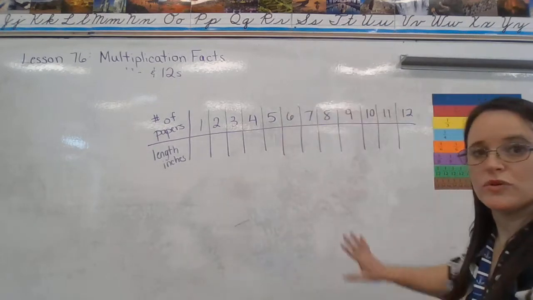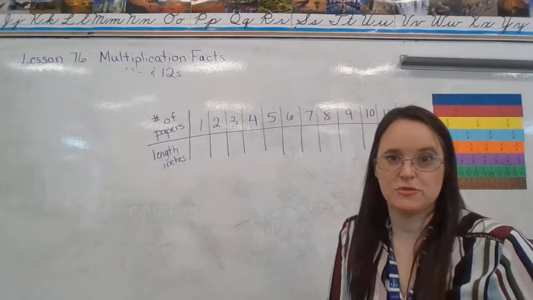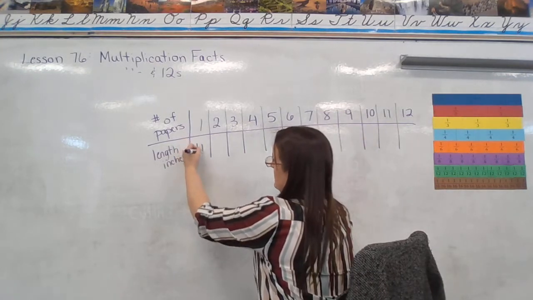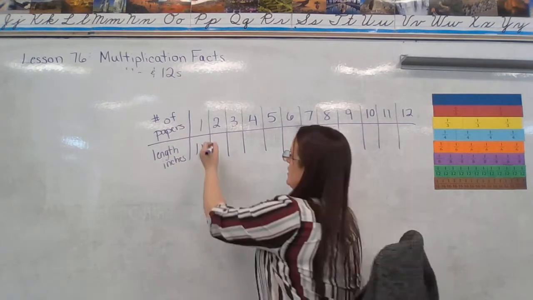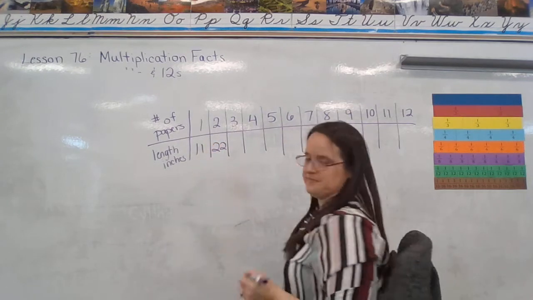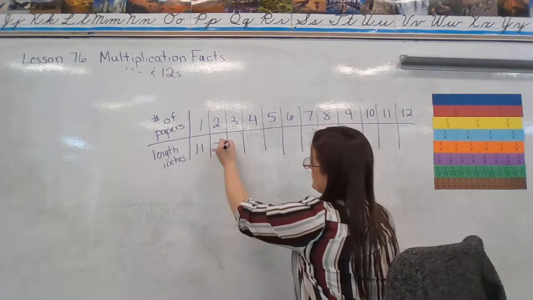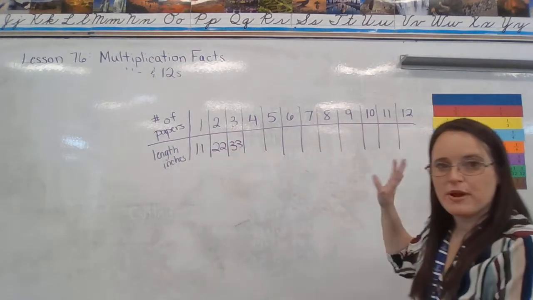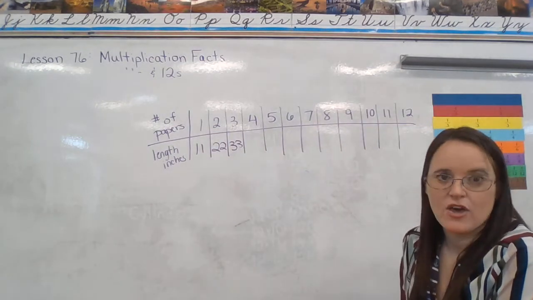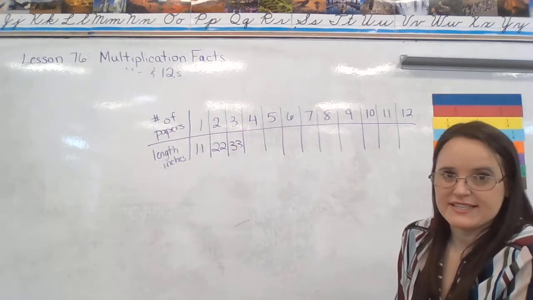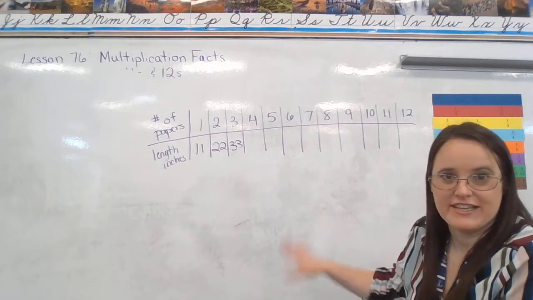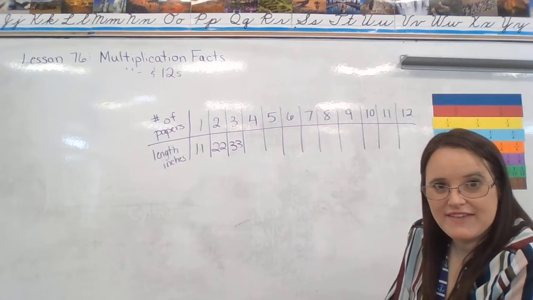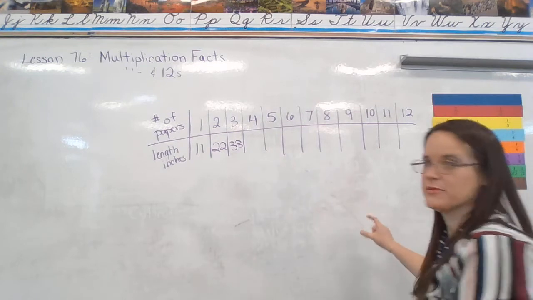All right, so usually when you see this in your book, they're going to have it started for you. They're going to say 1 sheet of paper is 11 inches, 2 sheets of paper is 22 inches, 3 sheets is 33 inches, and then they'd probably leave the rest of this blank. Or they would say, copy this table onto your paper and fill in the rest. So your job here is to count by 11s, but write those numbers down.